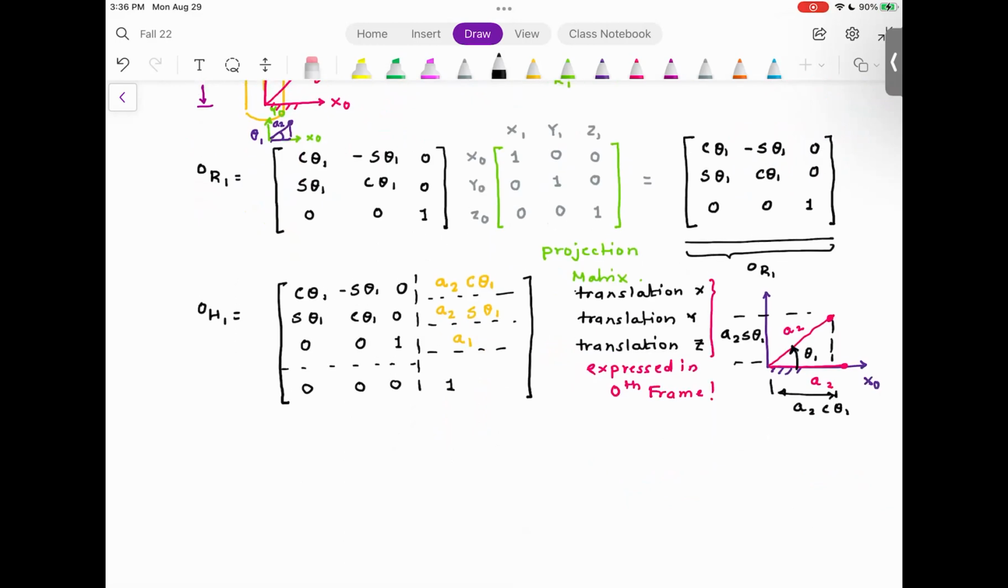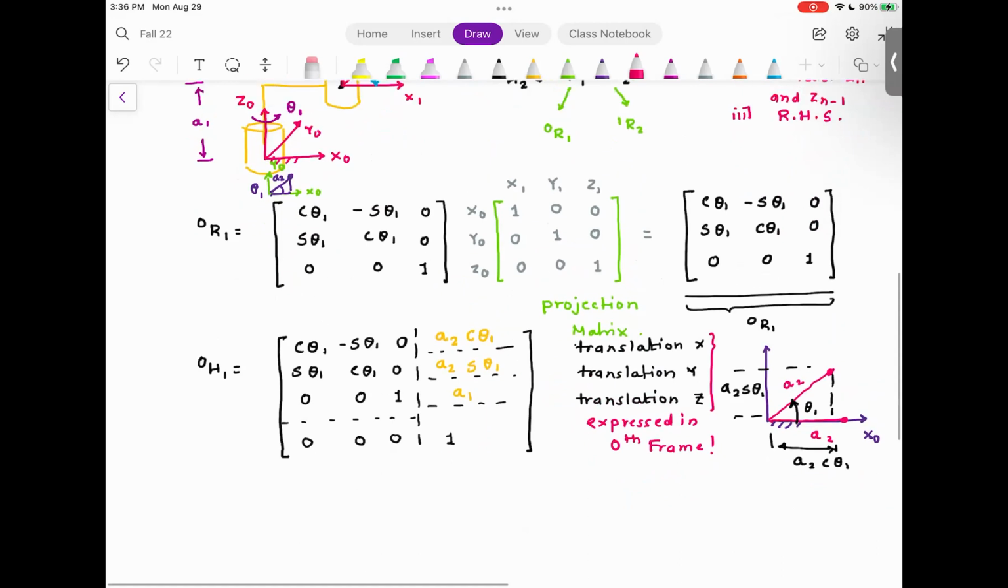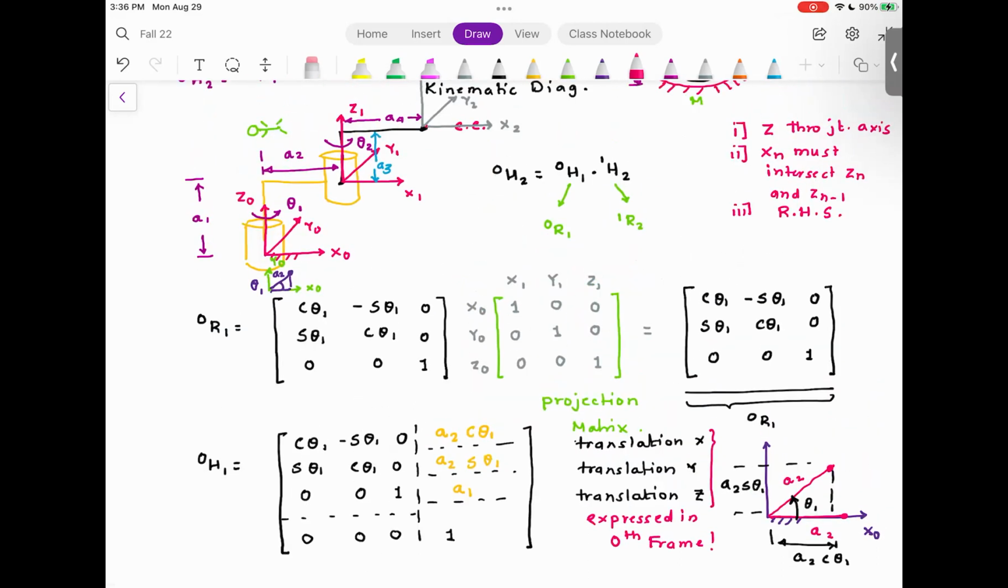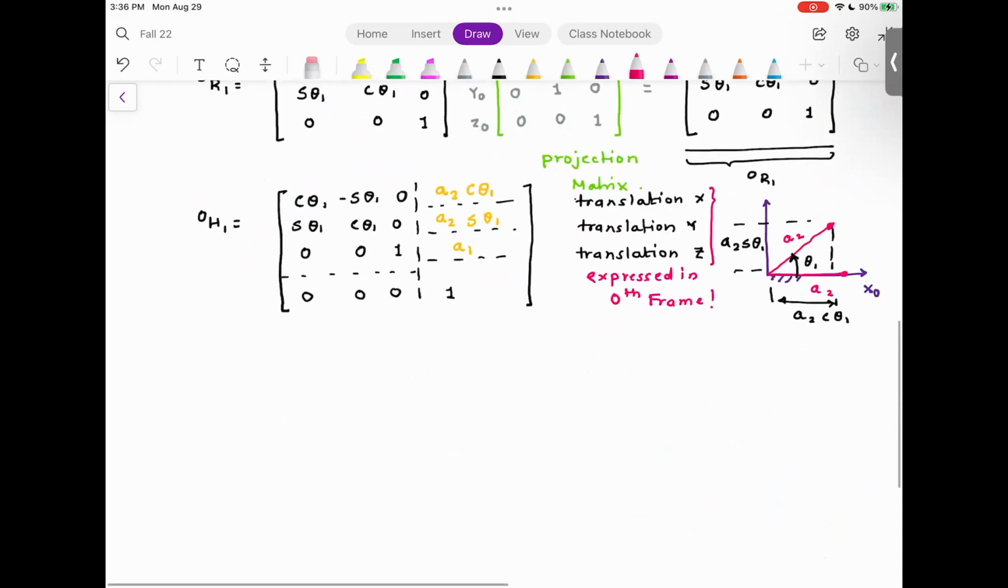Okay, now this is done. Now what I want to do is repeat the same process. Everyone understood what I did here? Simple, huh? Now I want to do 1R2.